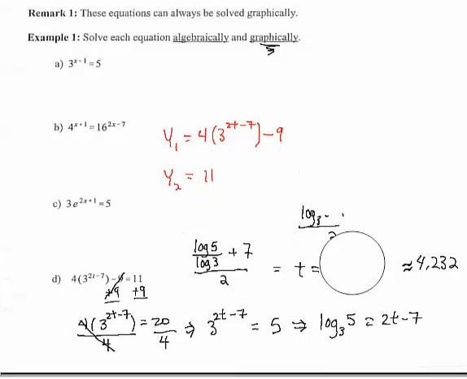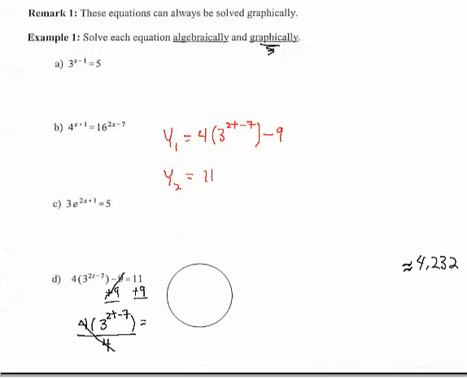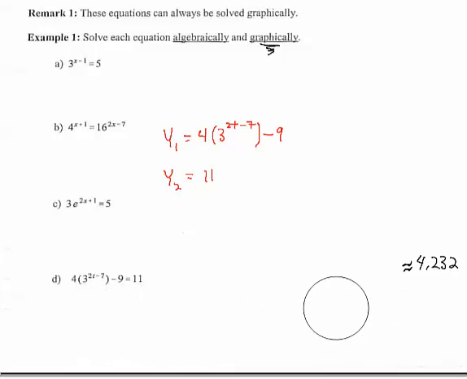Try to make some room here so that we can see the calculator a little better. 4.232 is our algebraic solution. And we had t, so let me use the correct variable. T equals 4.232.